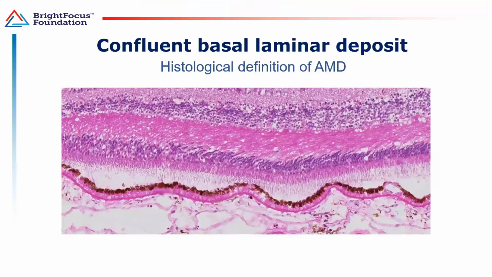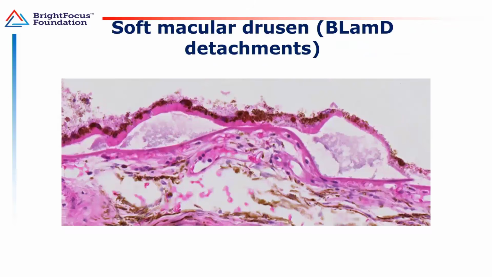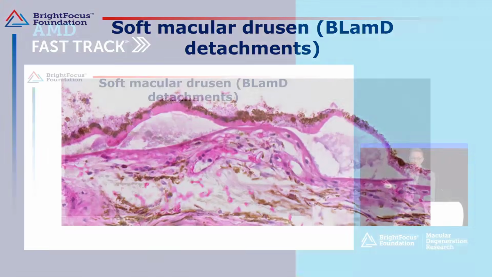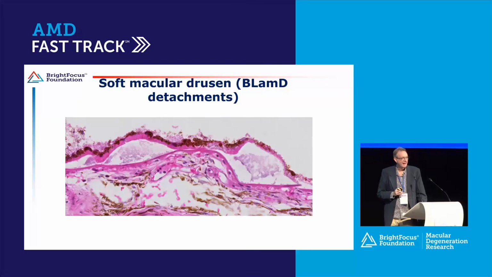But you may see something more resembling basal laminar deposit like this. Also very important for AMD. Hard to see clinically unless it becomes detached, in which case this resembles soft drusen. And clinicopathologic studies of eyes that had soft drusen that were subsequently studied by Dick Green show that this is a frequent manifestation of soft drusen, detached basal laminar deposits.